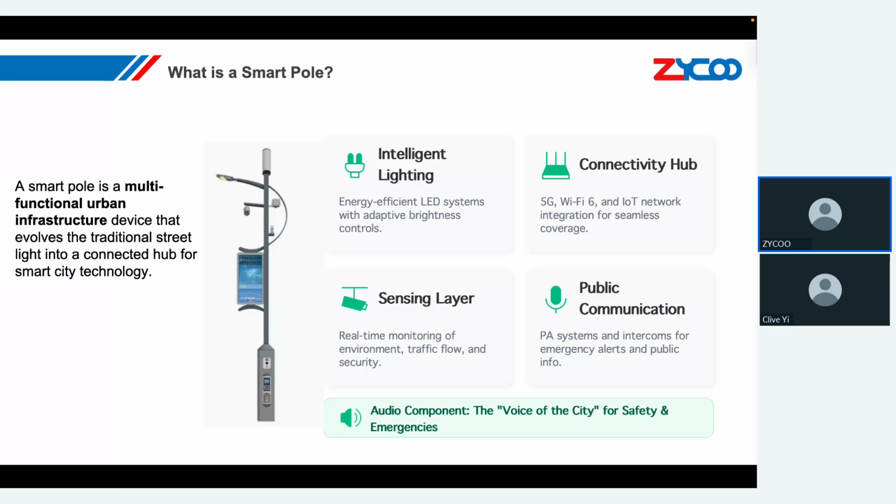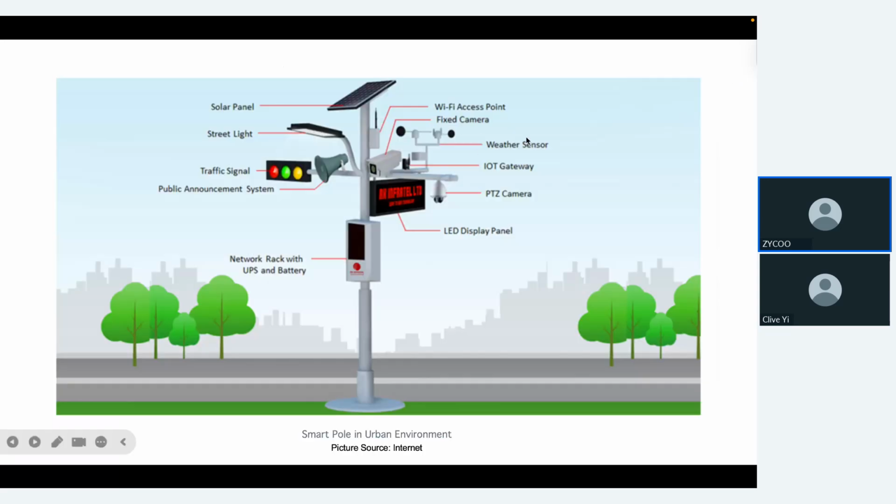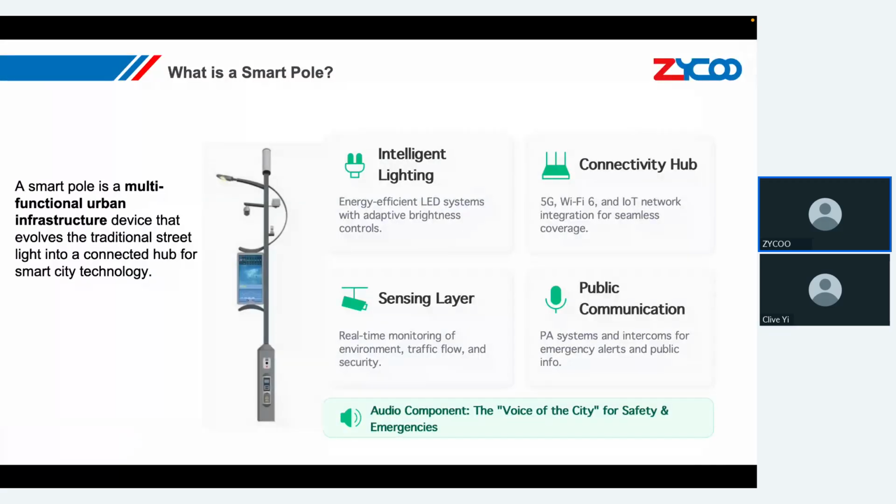And here we can see this is the weather sensor. But for some other cases, it can provide real-time monitoring of the environment, traffic flow, and security. And then there's public communication, which is the PA system and intercoms for emergency alerts and public information.